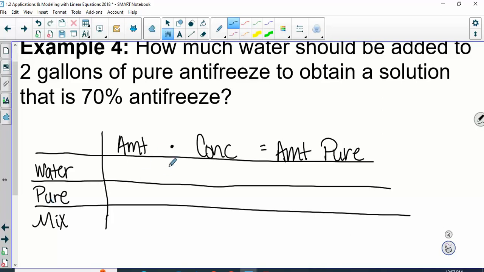So if we set this up, now I have a chart, and I need to fill in all these boxes. So I go back to the problem, and I try to figure out where my numbers are going to go. So it starts out, how much water? So what would I put for the amount of water?